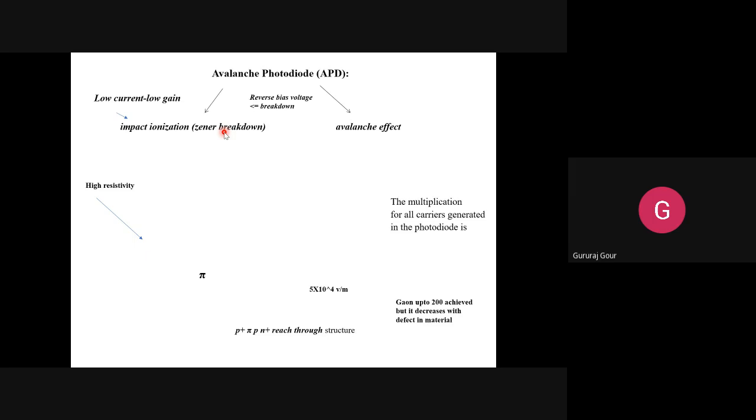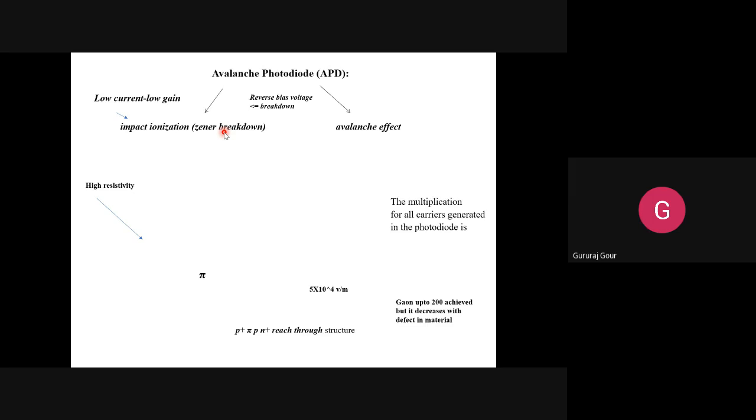Now we have gone beyond the reverse bias condition, in the avalanche APD, that is, the avalanche photodiode. Same setup. We are increasing the reverse bias voltage a little further, reaching nearer to the breakdown or in the breakdown. Your I region still further widens.